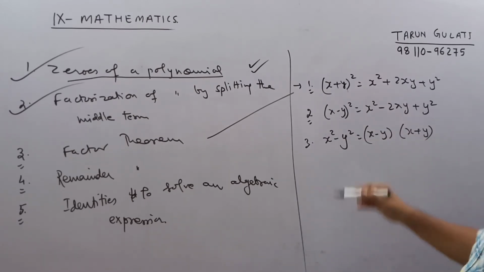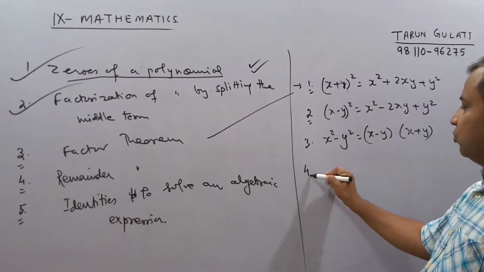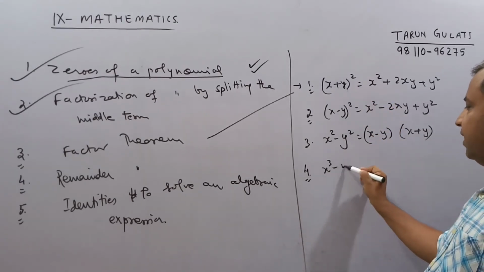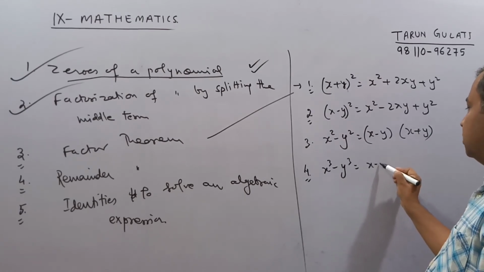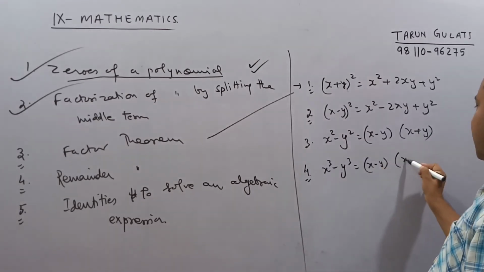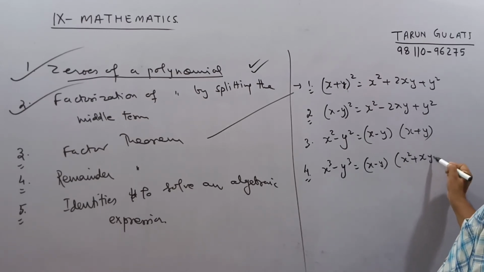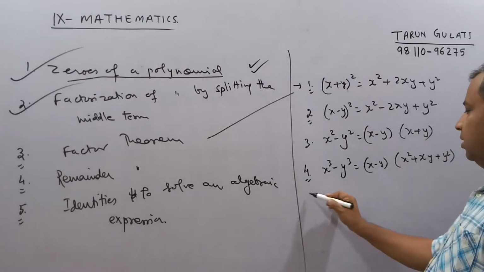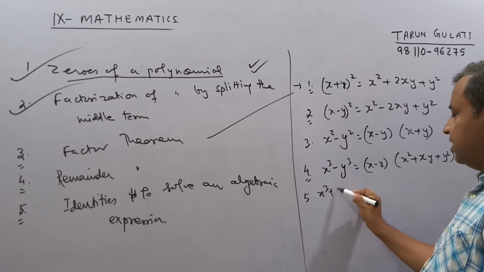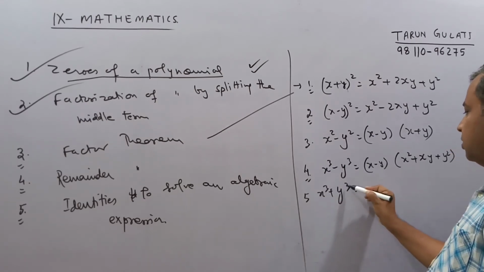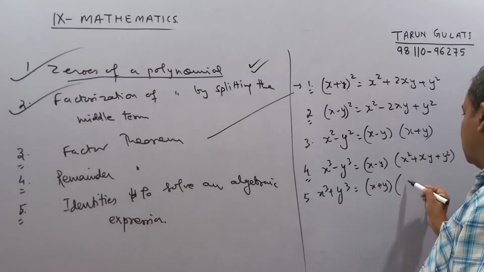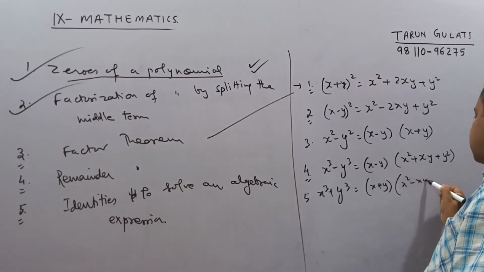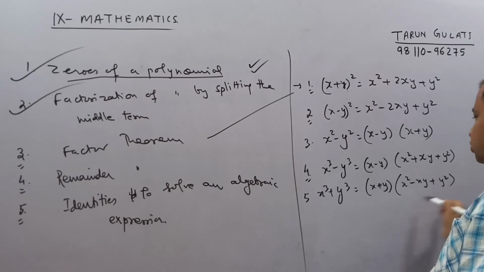So dear students, these are the basic identities we have to keep in mind. x cube minus y cube is x minus y into x square plus xy plus y square. Number 5, x cube plus y cube is x plus y into x square minus xy plus y square.